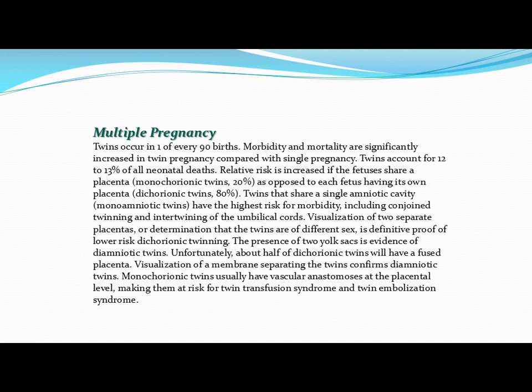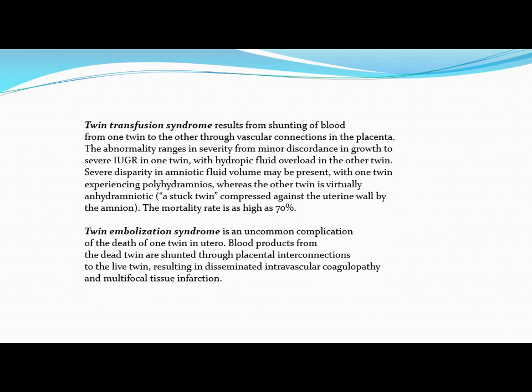Monochorionic twins usually have a vascular anastomosis at the placental level, making them at risk for twin transfusion syndrome and twin embolization syndrome. Twin transfusion syndrome results from shunting of blood from one twin to the other through vascular connections in the placenta.